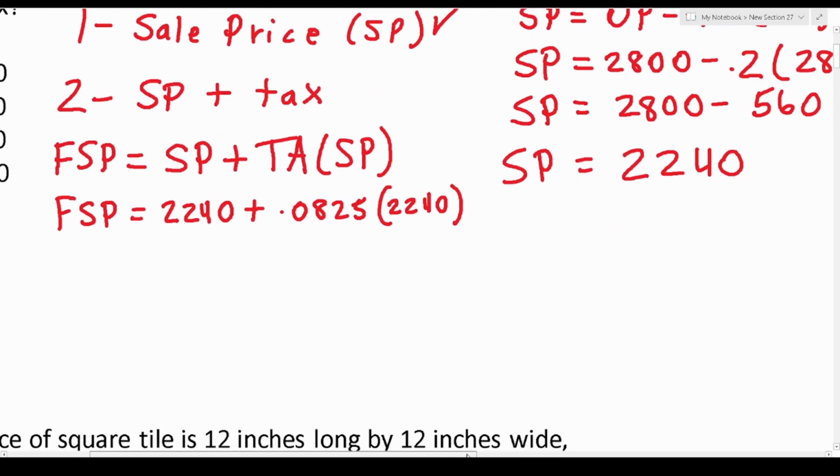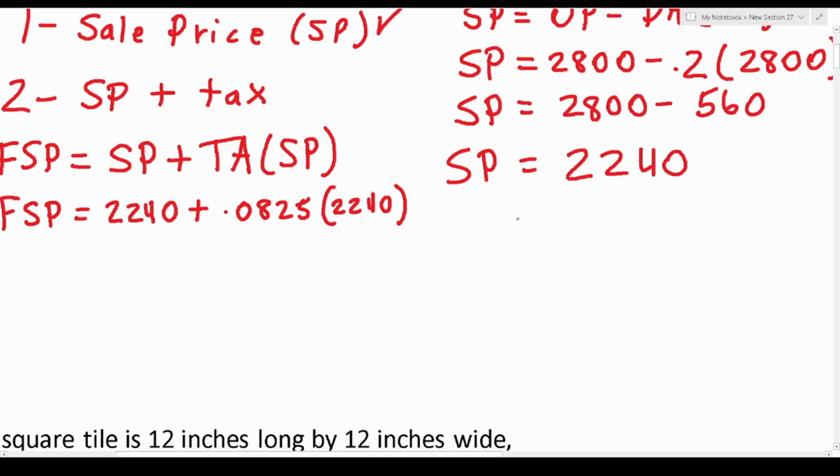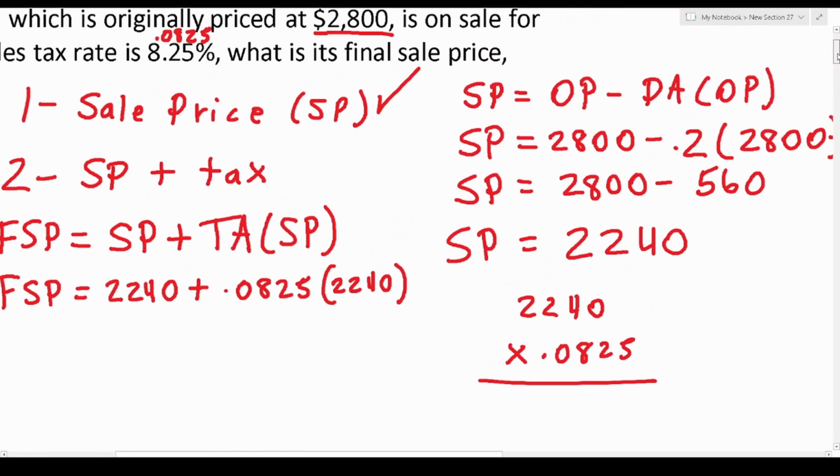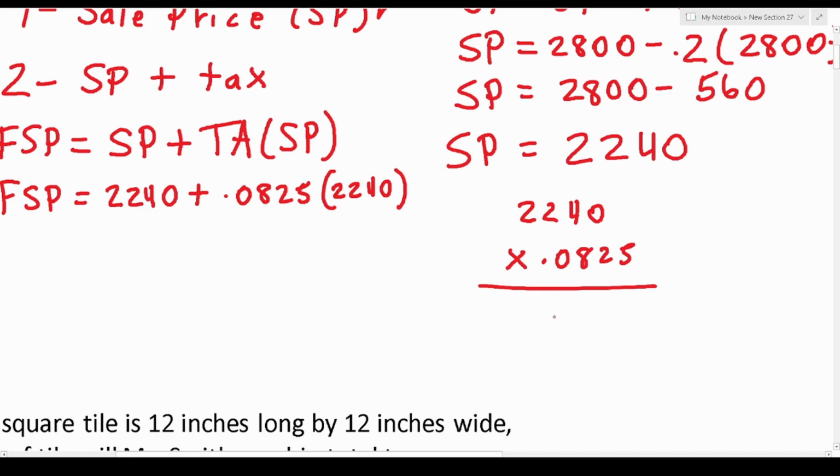So again, over here we're doing 2240 times 0.0825. Let me make sure I got the right tax rate. Yep. That is to say we're multiplying a whole number by a decimal again.